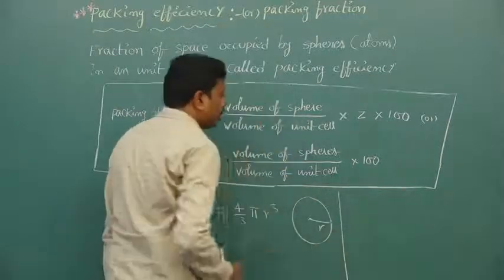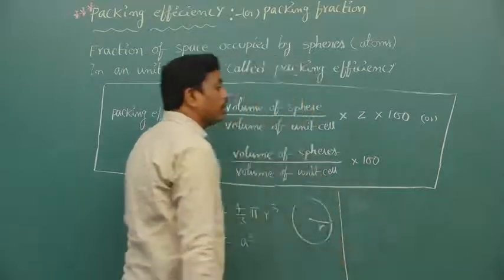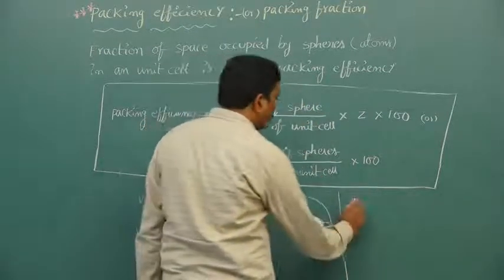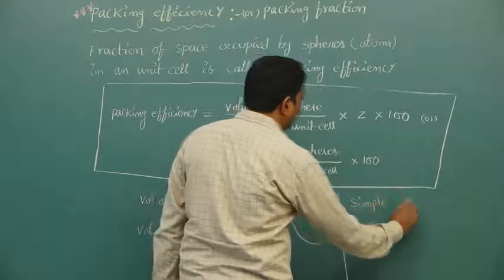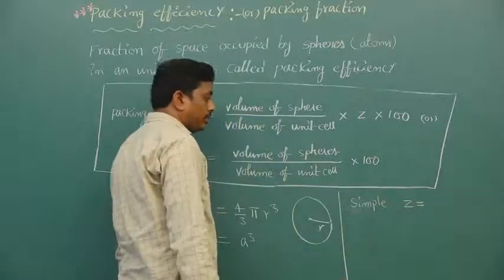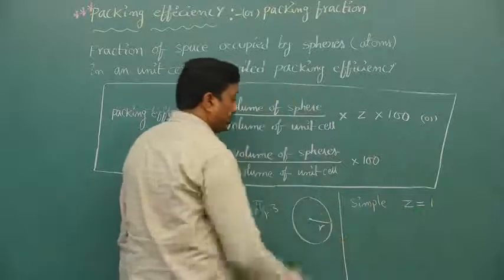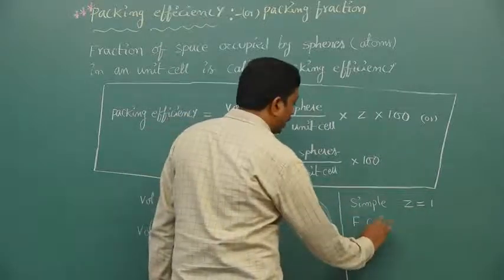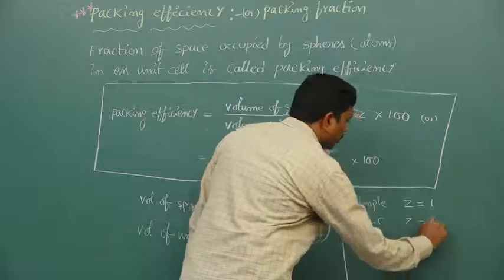And see Z, what is Z? Unit cell constant. For simple primitive, what is the Z value? Recall once, this is also important for 2 marks Z calculation. For simple unit cell, Z is equal to 1. For FCC unit cell or CCP unit cell, Z value is 4.